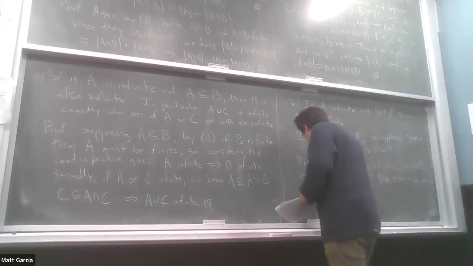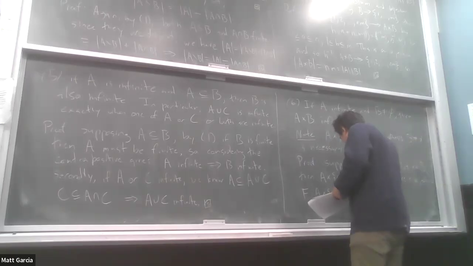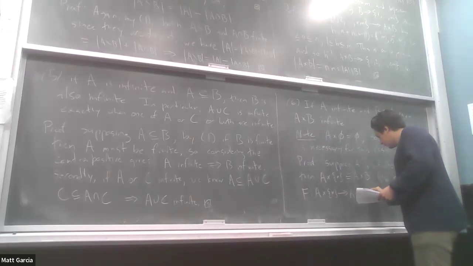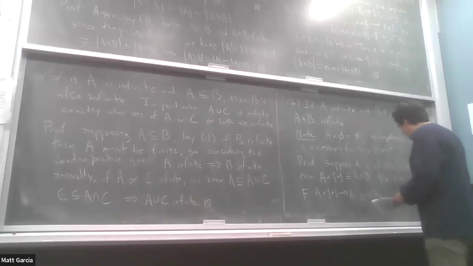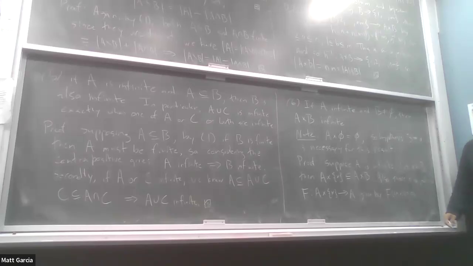Let's say capital F that goes from A cross the single element set x into A, given by F of the ordered pair (a, x) is equal to a.